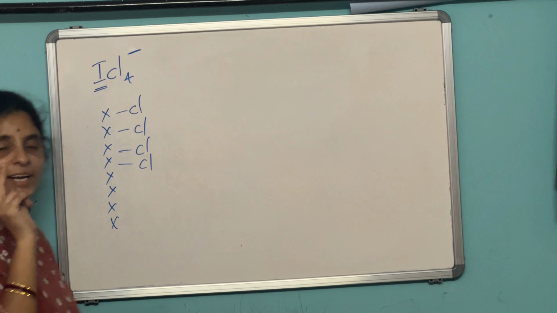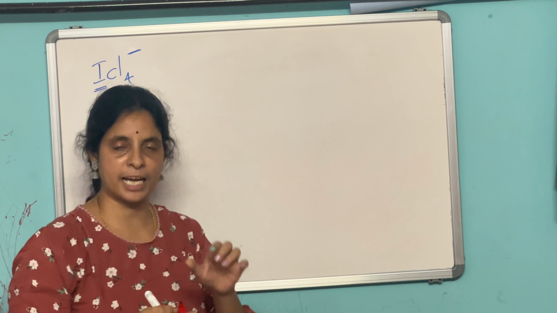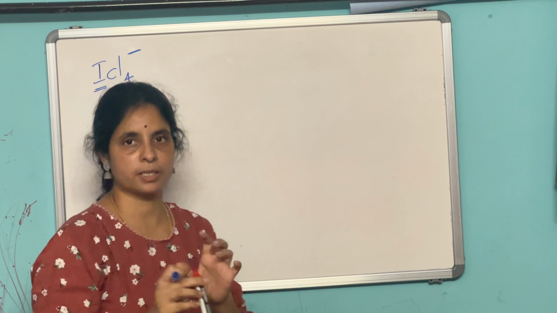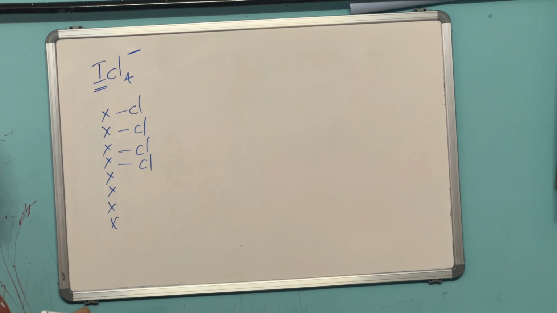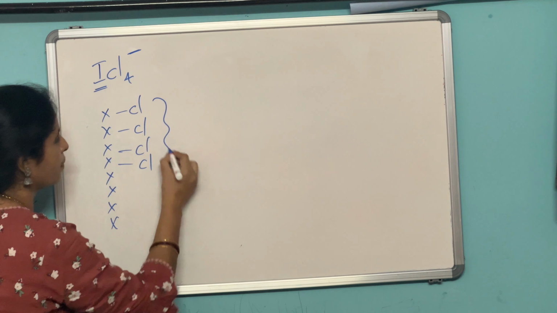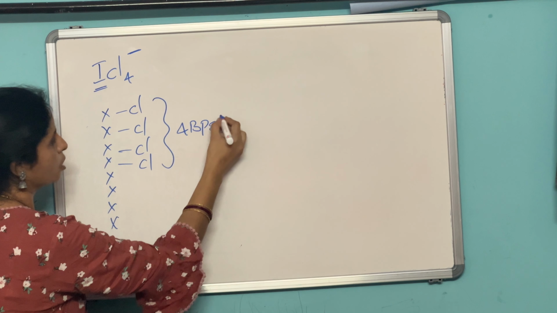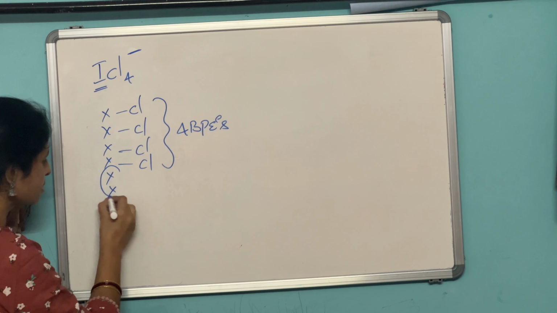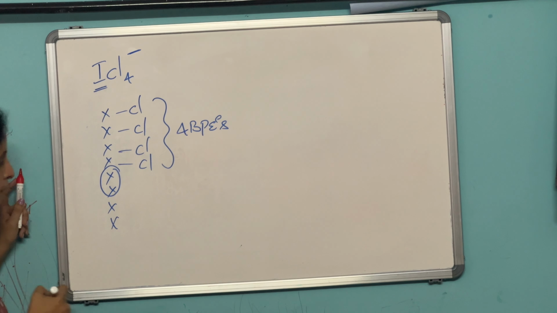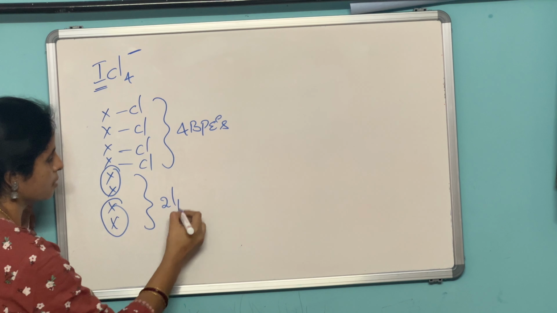For oxygen, it is bivalent. That's why we have attached 2 cross marks to one oxygen. Here all these are monovalent, 1 bond each. So here how many bond pair of electrons? 4 bond pair of electrons. How many lone pairs? 1, 2. 2 lone pair of electrons.